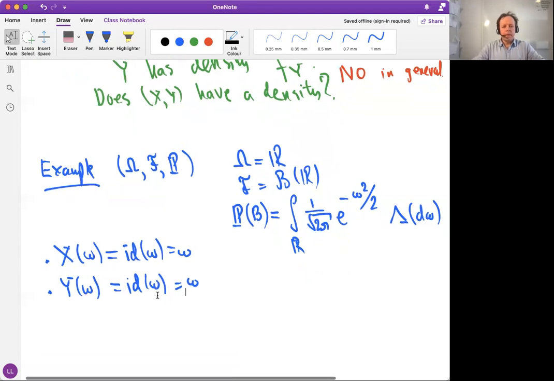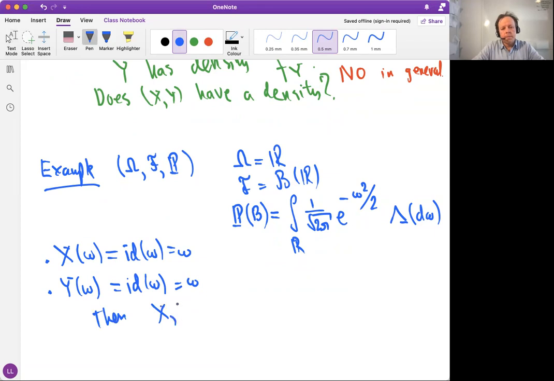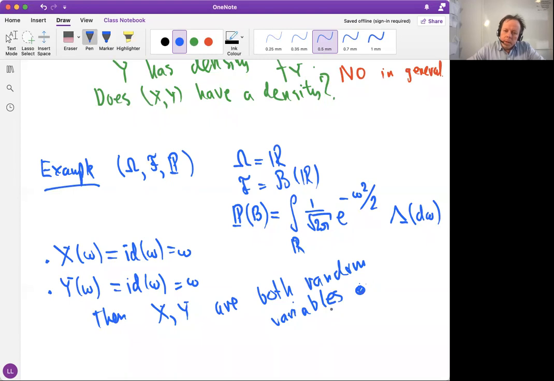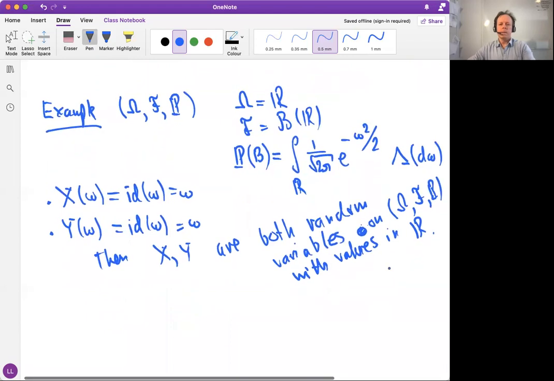Now, with this defined, X and Y are both random variables. They are defined on this probability space (Omega, F, P), and both have values on the real line. So that's what we have.